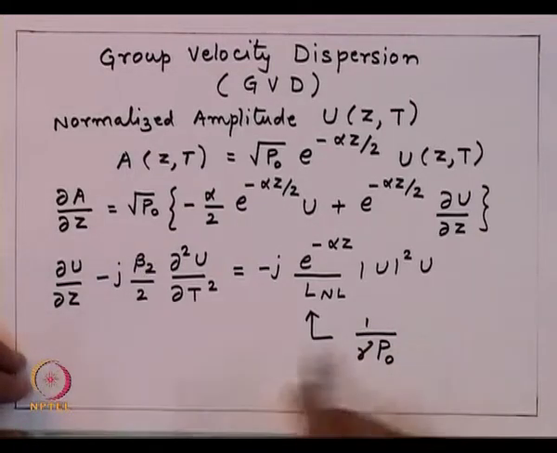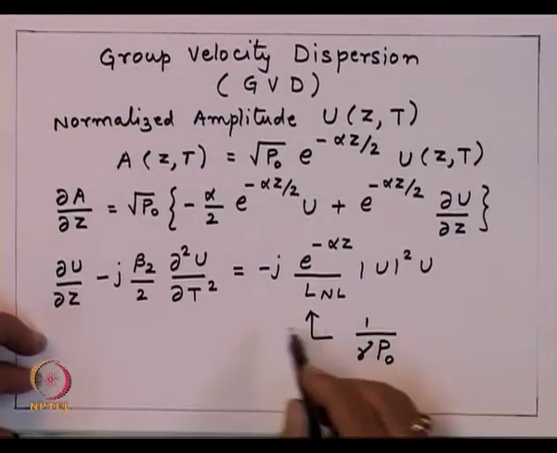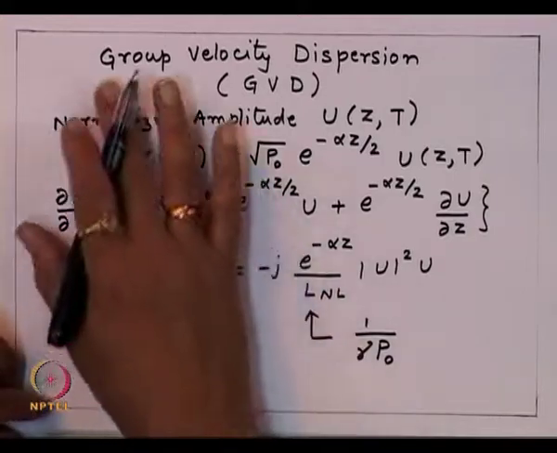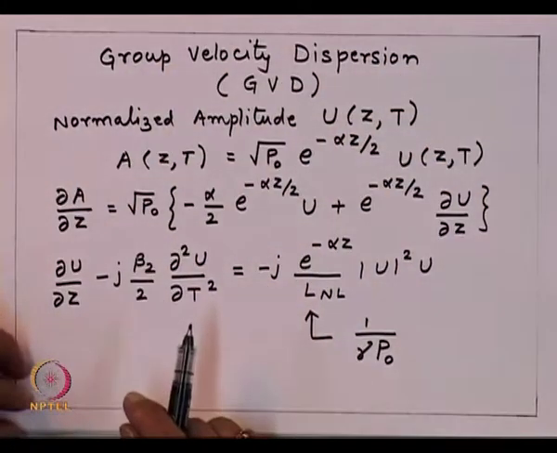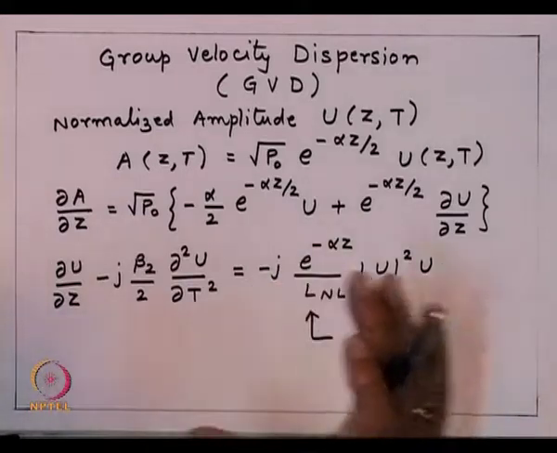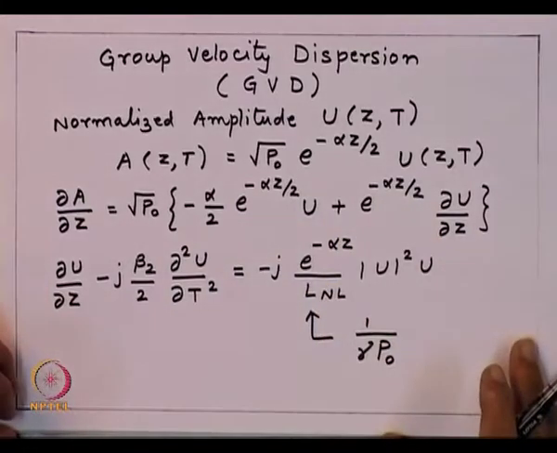Now, assuming that the power level inside the pulse is not very large, that means this term is negligible, only the dispersion effects are present. Since we are investigating here the group velocity dispersion, we are assuming that we have chosen the pulse parameters in such a way that the nonlinear effects are negligible.